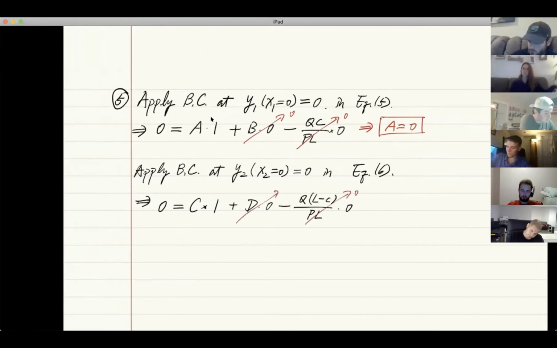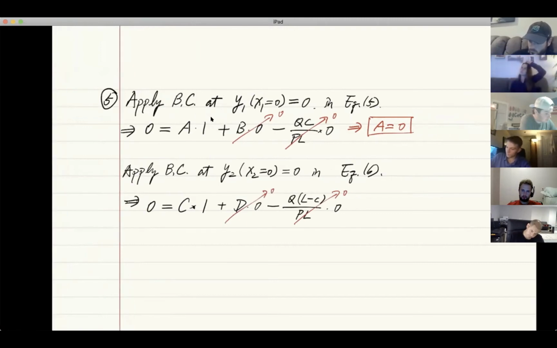So here, right? We also have C equals 0 from here.